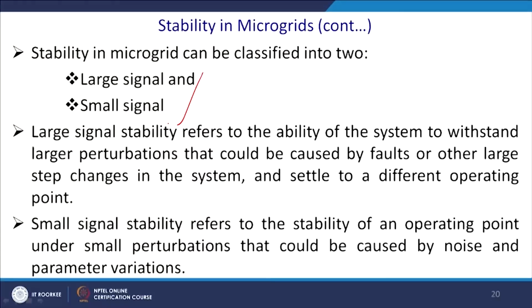Large signal stability refers to the stability of the system to withstand a large variation of perturbations, and for this reason we find that nonlinear control, feedback linearization or sliding mode control are better, and in case of small signal analysis we can apply our normal control system.